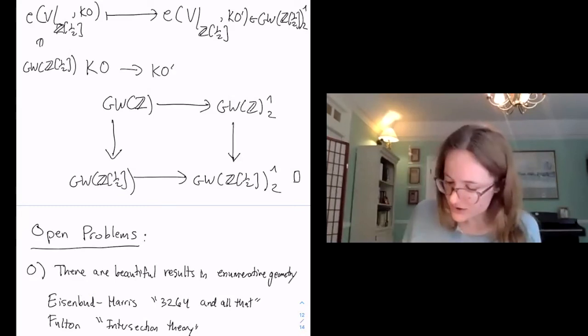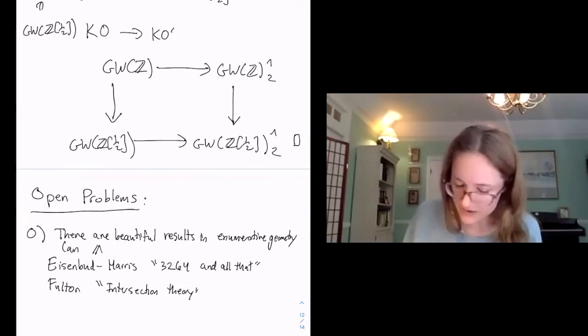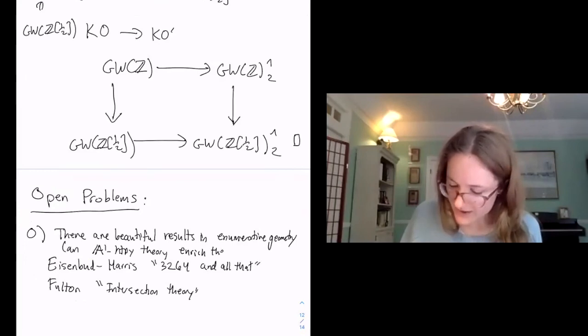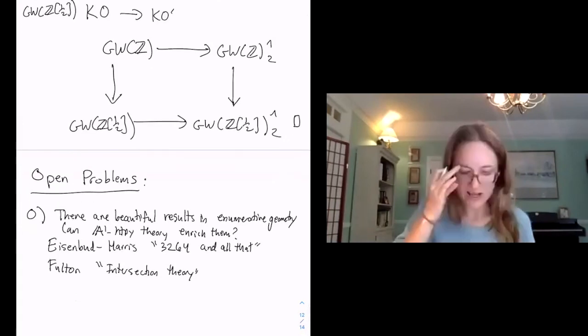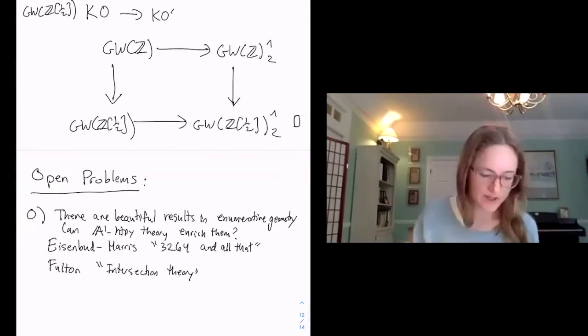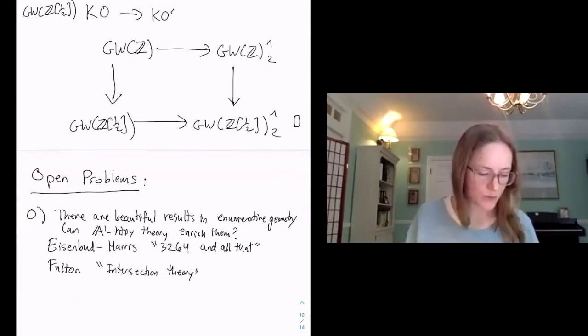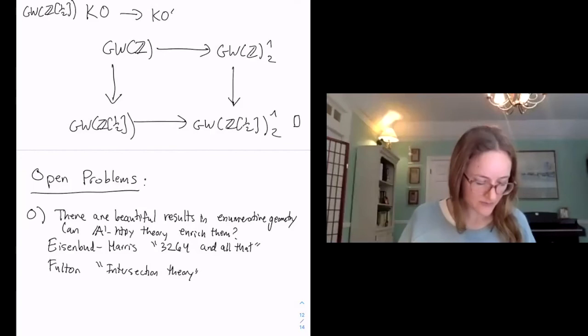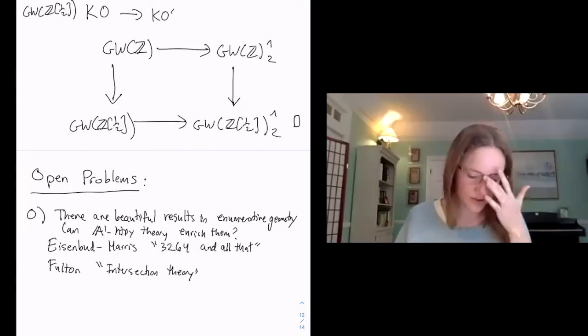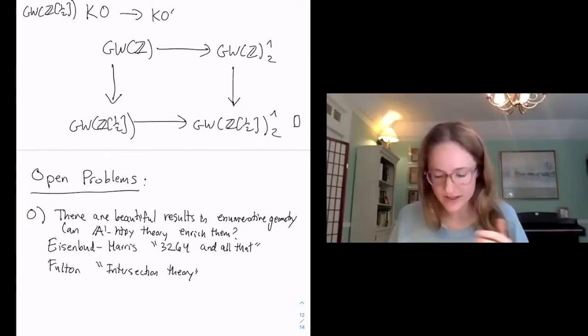I wrote down 2 taken somewhat haphazardly from Eisenbud-Harris. I don't have time to write them down, but let me just read them so that we're on the same page about what question 0 is trying to suggest.